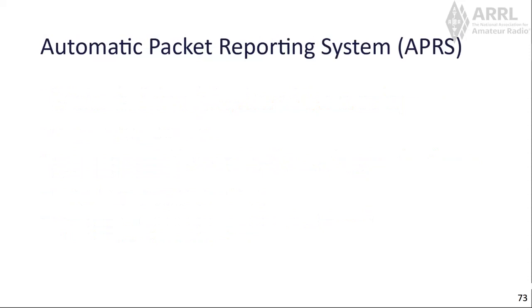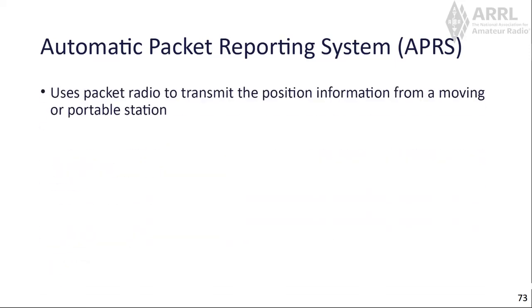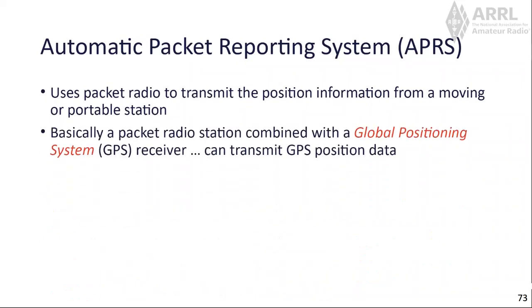Okay, APRS, you'll hear us say that, or some people say APRS, Automatic Packet Reporting System. It uses packet radio to transmit the position information from a moving or portable station. Basically, a packet radio station combined with a global positioning system, or GPS receiver, can transmit GPS position data.